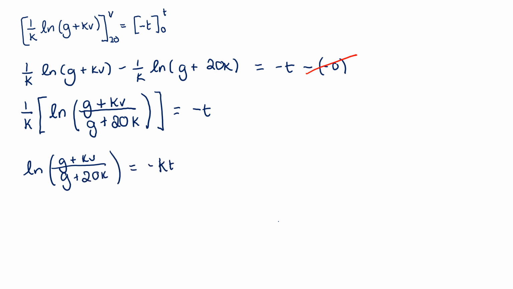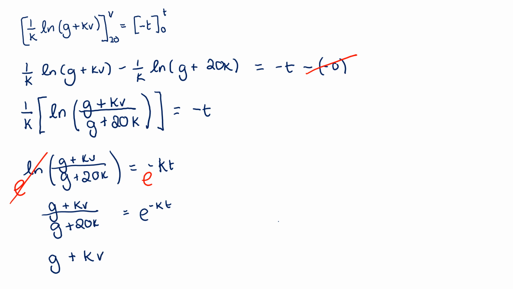Now we can take e to the power on both sides. So that gives us (g plus kv) over (g plus 20k) is e to the power minus kt. Remember what we're trying to do here? We're trying to get an expression for v.